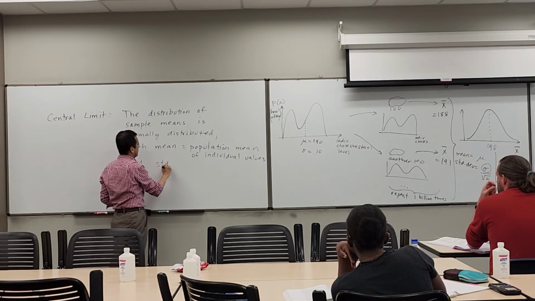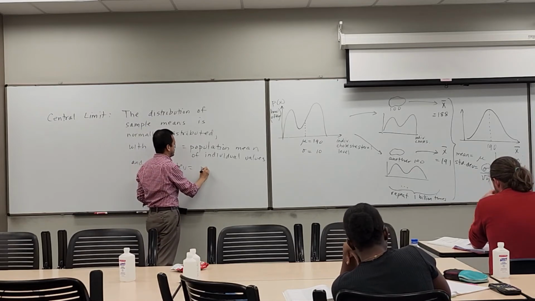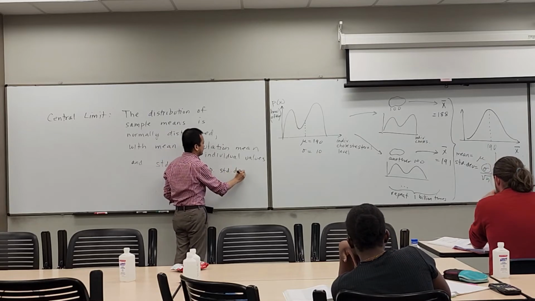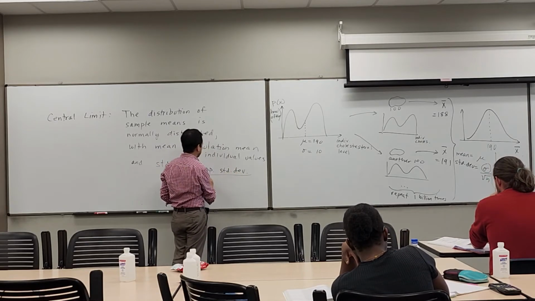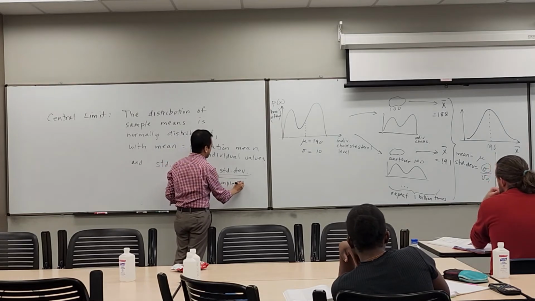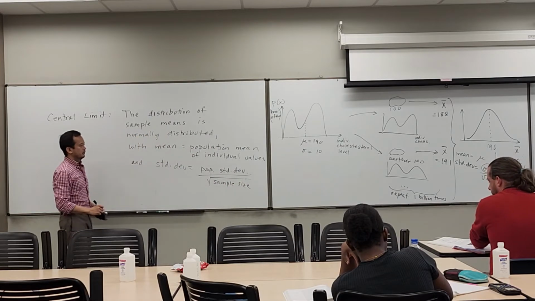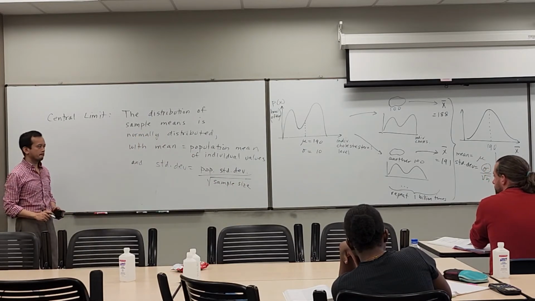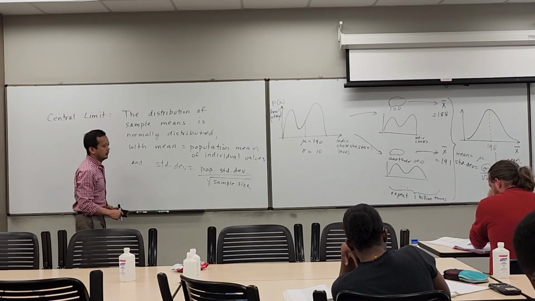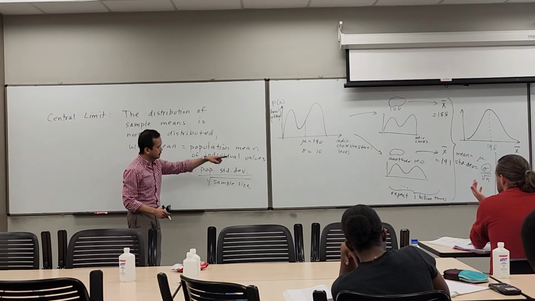And the standard deviation is equal to the population standard deviation divided by the square root of the sample size. It's still going to be sigma divided by the square root of the number. Yep, so the sample size is the n that we talked about.